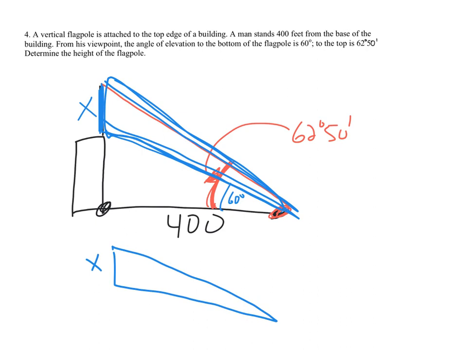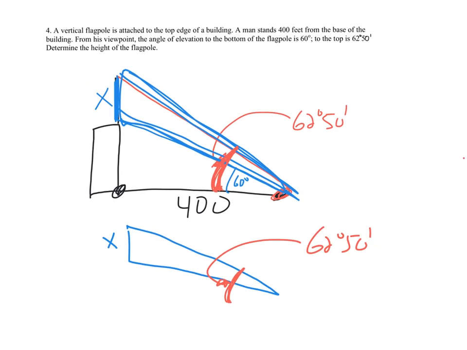Well, yes and no. I know that this red angle goes all the way through the blue triangle, and that whole angle is 62 degrees 50 minutes. Now, if I imagine the ground here, I know this bottom portion, I'll label that in black, that bottom angle, they tell you, is 60 degrees.